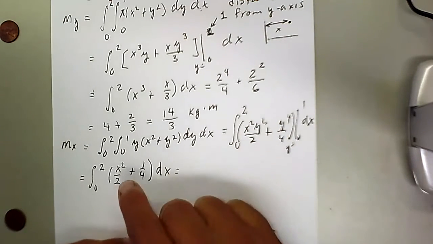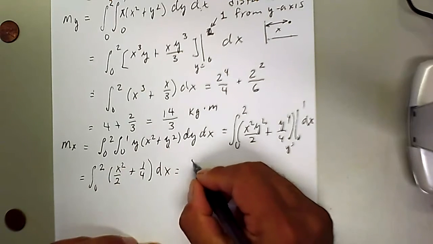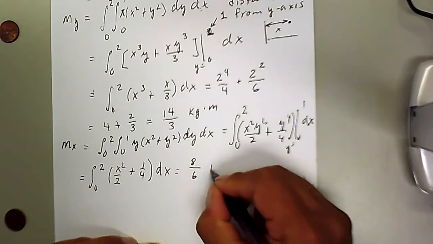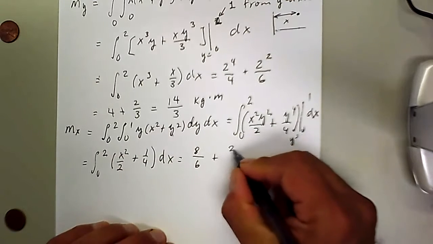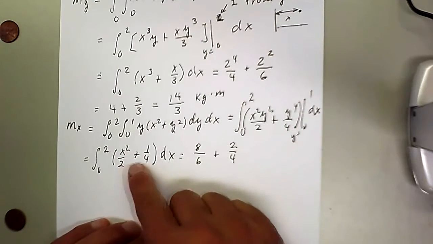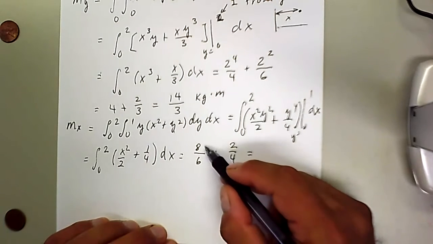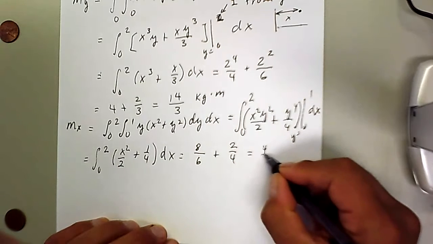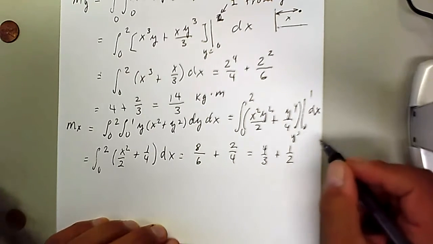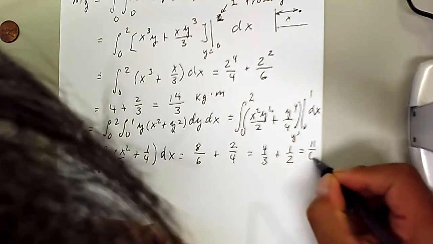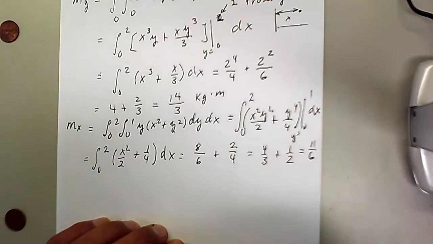So we have x cubed over 3, but we plug in 2: 8 over 6, plus a fourth times x, but plug in 2, over 4. And when we plug in 0 into those two, we end up with 0 anyhow. So that is 4/3 plus 1/2. That's 11/6. 8, 3 is 11, common denominator is 6.